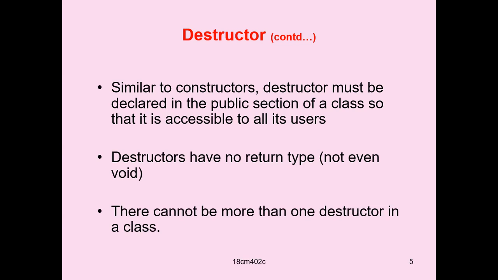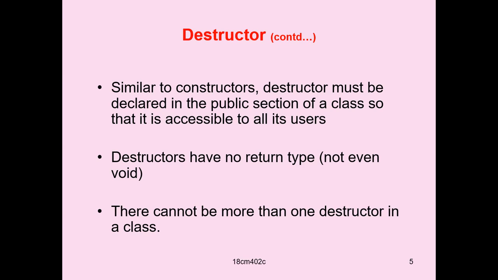If you declare it in private or protected, of course protected will come in the inheritance concept, we will discuss that. If the constructor or destructor is declared in the private section, then the private data cannot be accessed out of the class. So always the constructor and destructor must be declared in the public section of the class only.